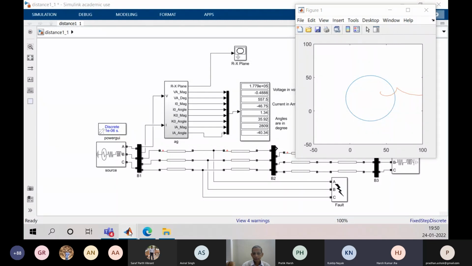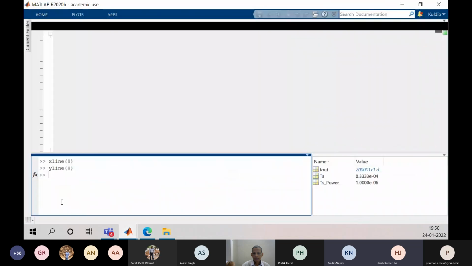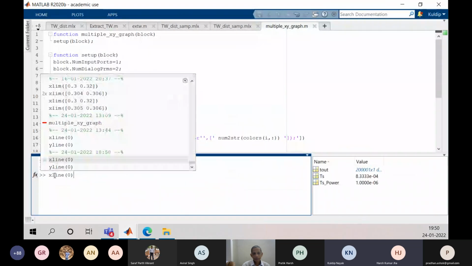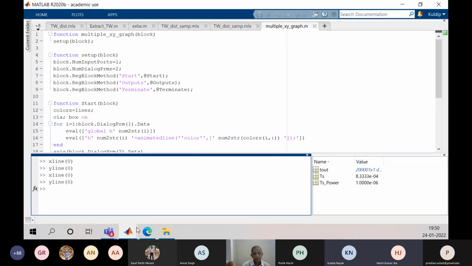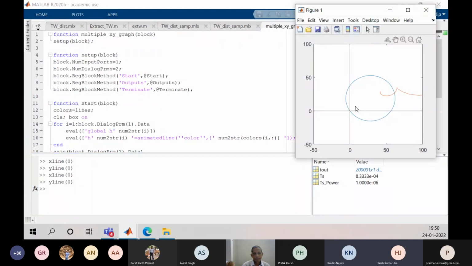So here we can see what the x-axis and y-axis are also. This is the x-axis, this is the y-axis, this is the zone 1 characteristics that we have drawn by setting 80% of the entire line, and this is the curve of that calculated impedance.